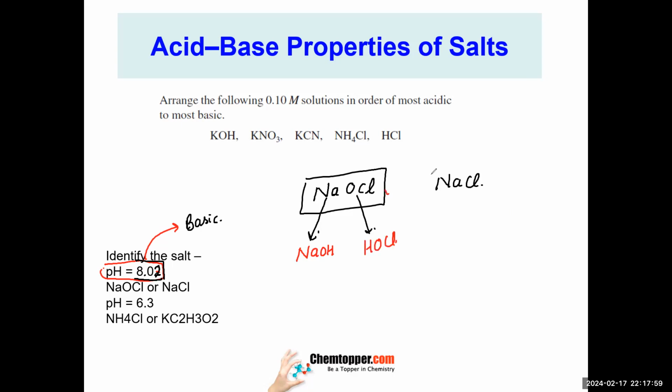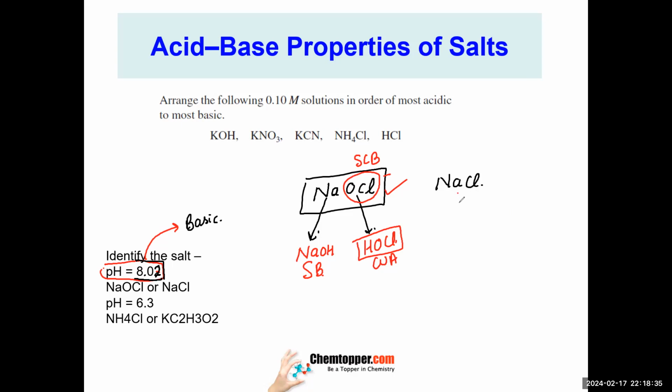She's saying the salt is this. Can you answer why? Because this OCl minus is the strong conjugate base of this weak acid. This is hypochlorous acid, and this is a strong base already. Yes, Nivriti, perfect. I know you know the answer, but keep answering here, okay?